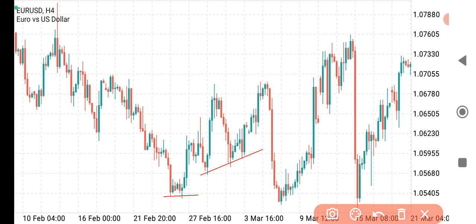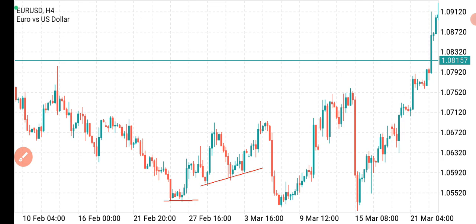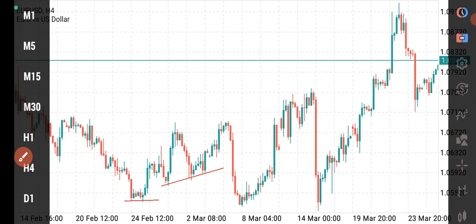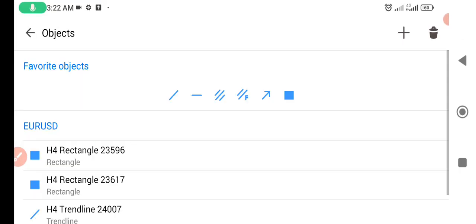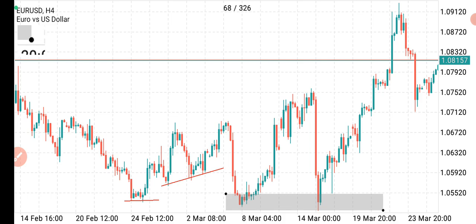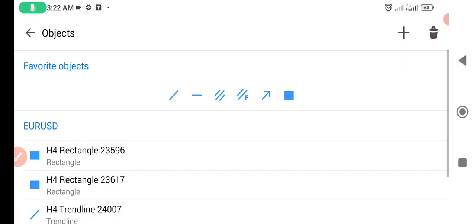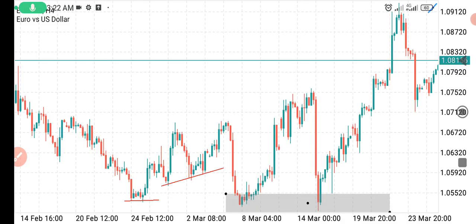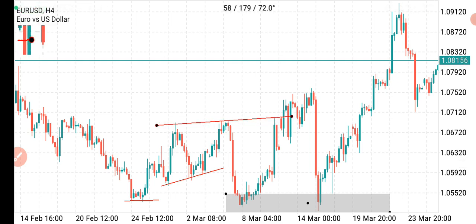Having taken all this liquidity, there is still a trade that was initiated from this down part. There is a trade that was initiated here that swept away this liquidity.